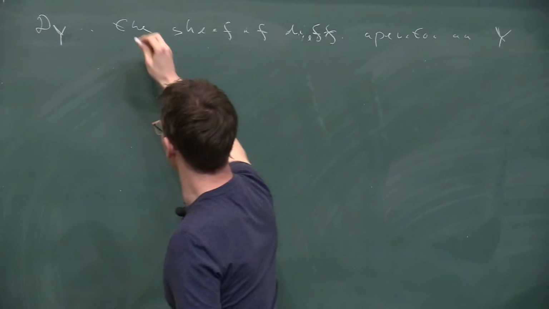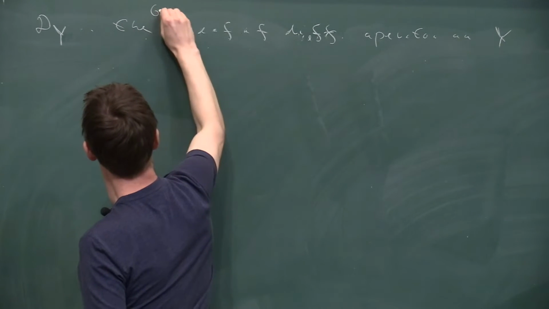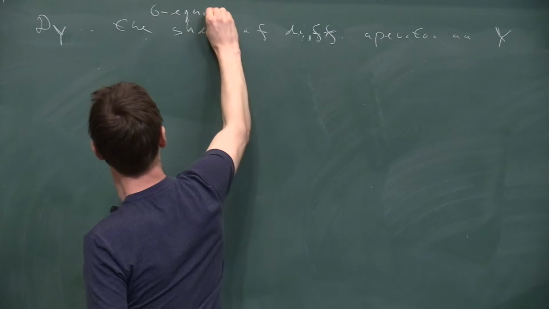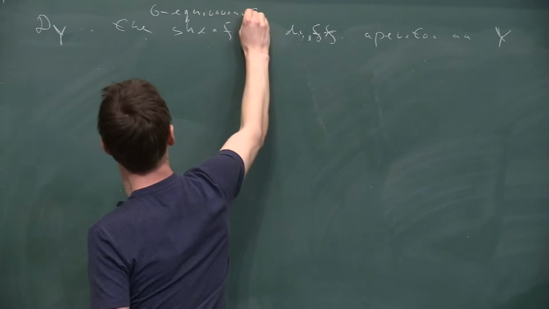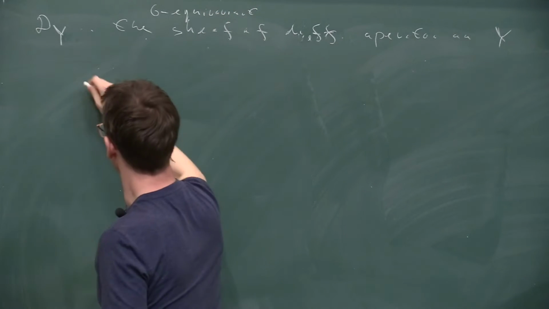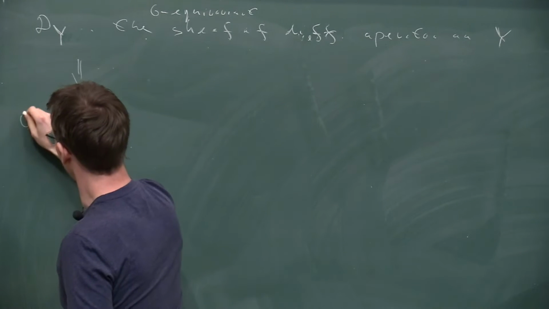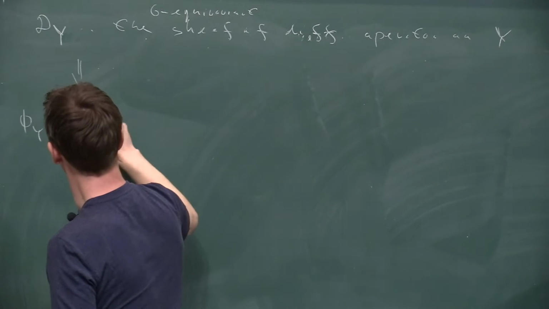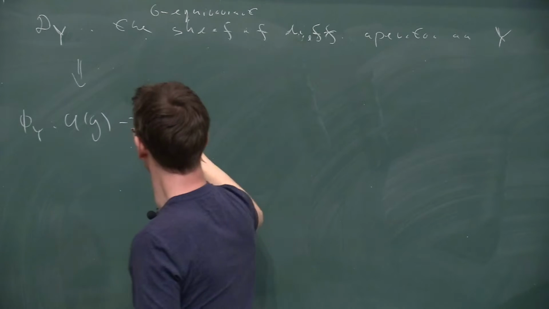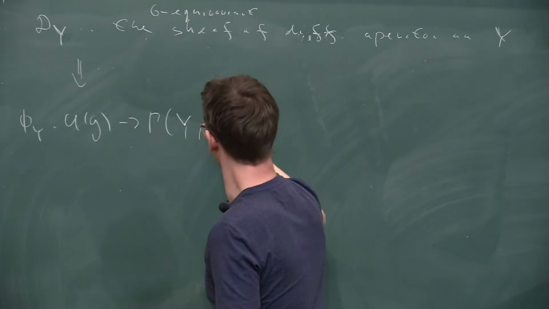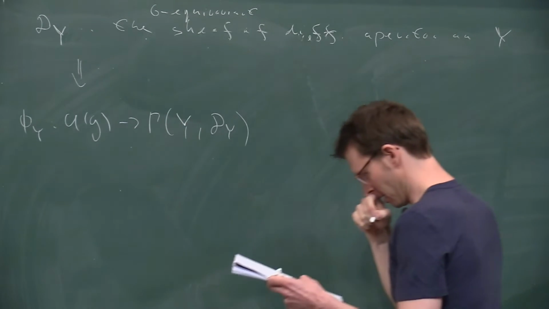It is again G-equivariant, so again I get a mapping from the universal enveloping algebra to the global sections of this sheaf.